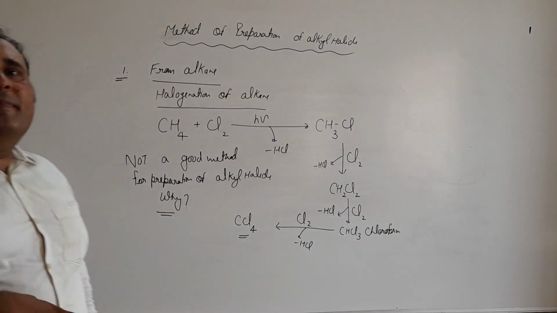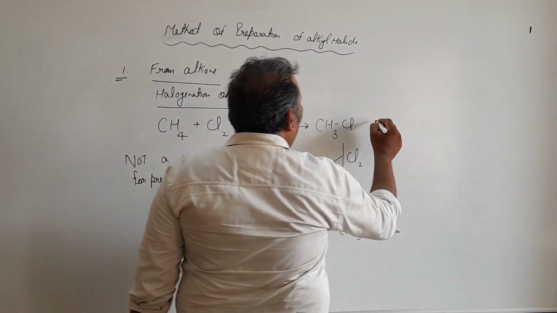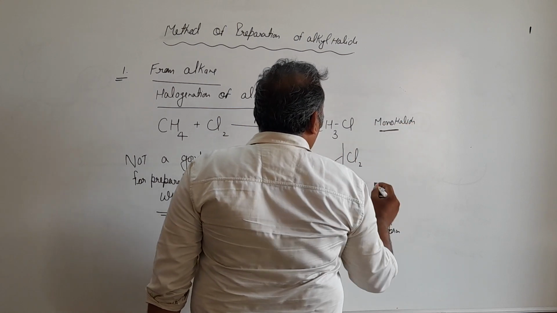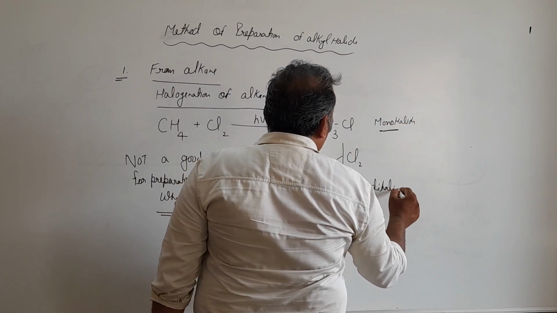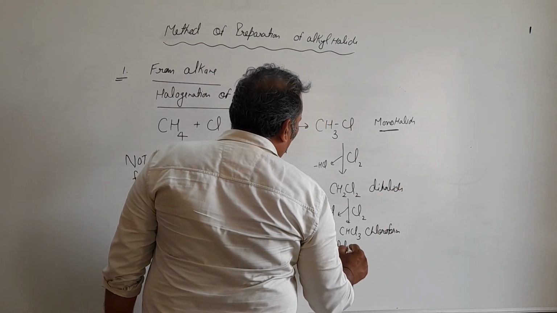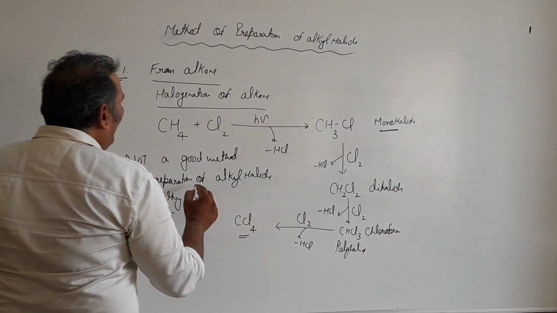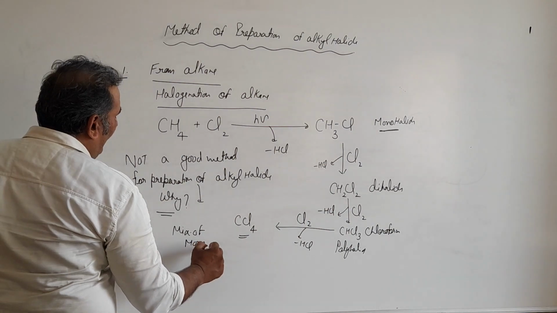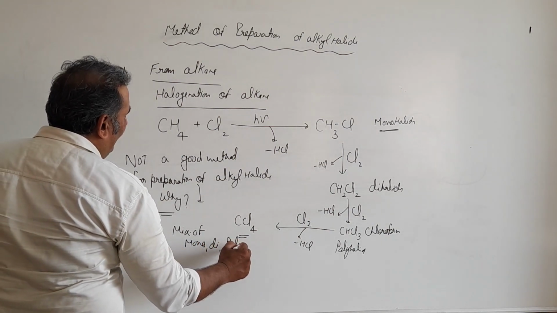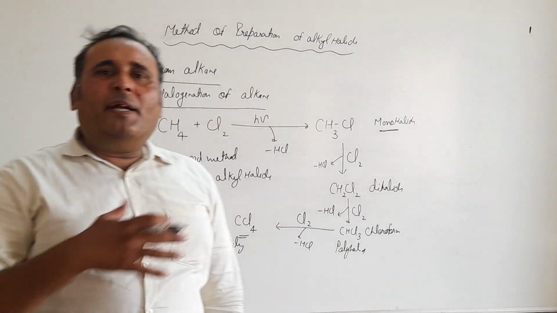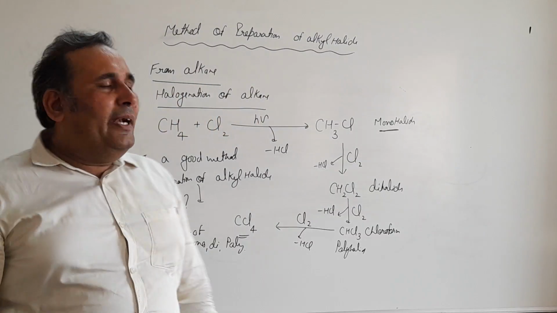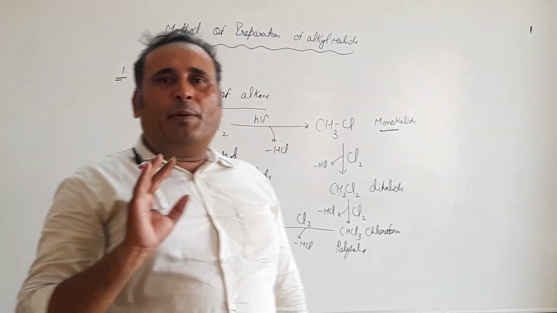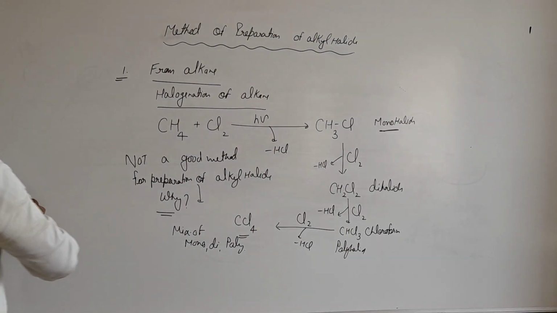Because in this method we are getting a mixture of monohalide, dihalide and polyhalide, and we have to separate this mixture to get monohalide, and the yield of monohalide is also very less. So we should not prefer this method for preparation of alkyl halide.